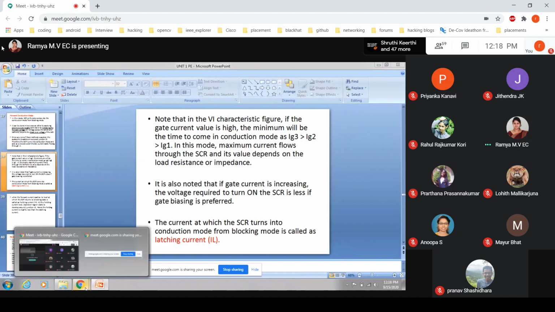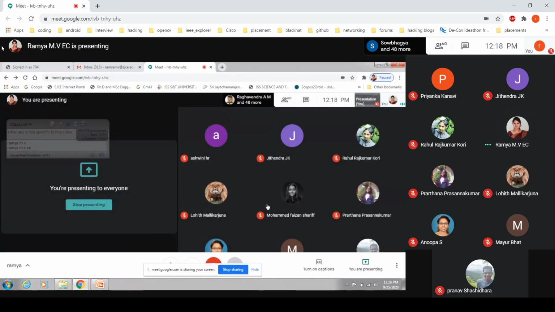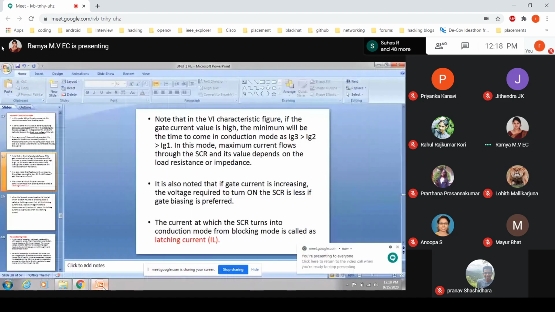These are two important points. Initially the SCR will be in the blocking mode, and when it enters into the conduction mode, that current we call the latching current.